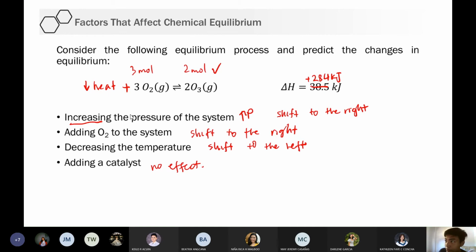Again, when we talk about pressure, we will favor the side of the reaction with the greater moles of gases if pressure is decreased. If pressure is increased, we will favor the side of the reaction with less moles of gases. For changing the concentration of your chemical species, you will favor the side of the reaction that has the lesser amount.